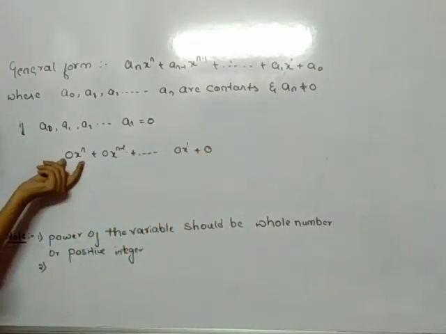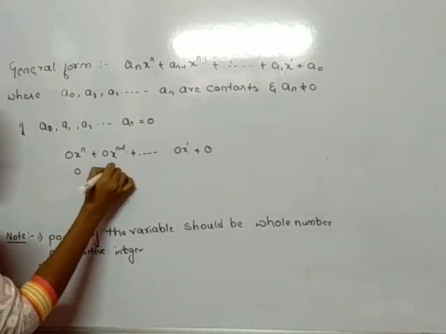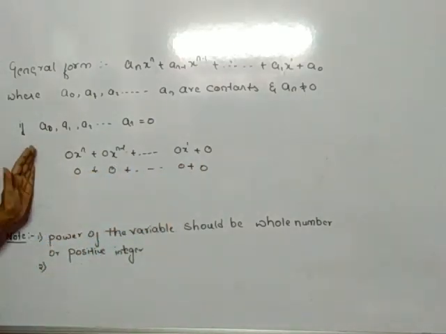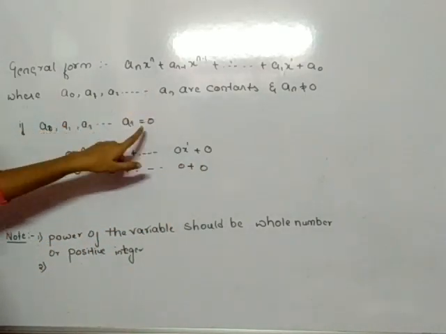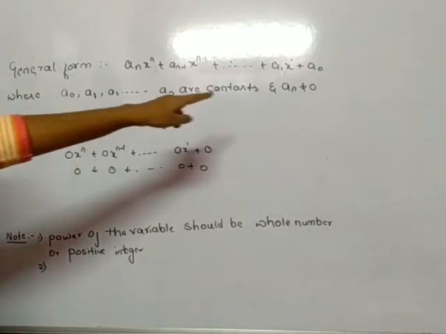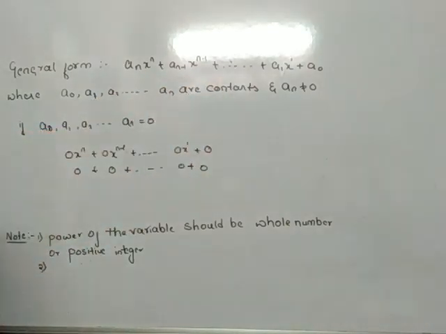We can see that a 0 is multiplied with a variable, so again we are getting 0 only. Everything we are getting is 0, yes or no? So if constants became 0, we are able to get a 0 polynomial here. That's why they have given a condition that these constants must not be equal to 0.